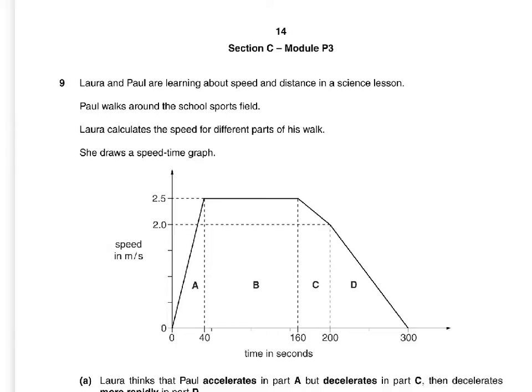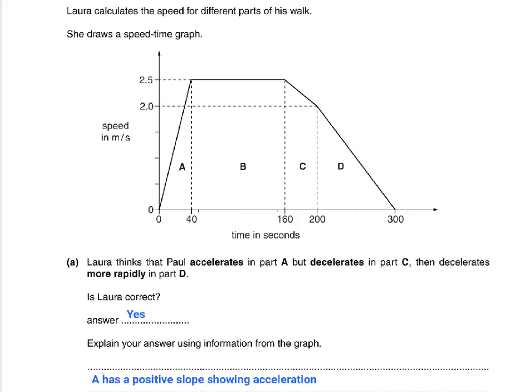So what we have here is a speed time graph. So speed and obviously time. And speed time graphs are common on the higher tier paper because you can get 2 bits of information from a speed time graph. First things first, the gradient is telling you about the acceleration, because we've got a change in speed, so that's an acceleration.